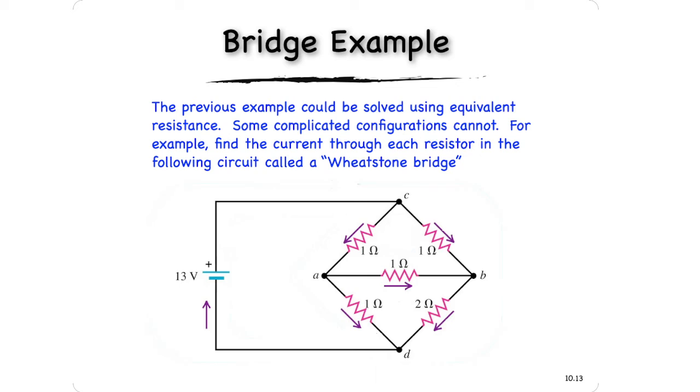The reason this needs to be analyzed using Kirchhoff's rules is that if you try to identify resistors that are in parallel or series, you'll discover that none of these resistors are in parallel or series with any other resistors in this network. So we cannot simplify this to an equivalent resistance. We can analyze this using Kirchhoff's rules.